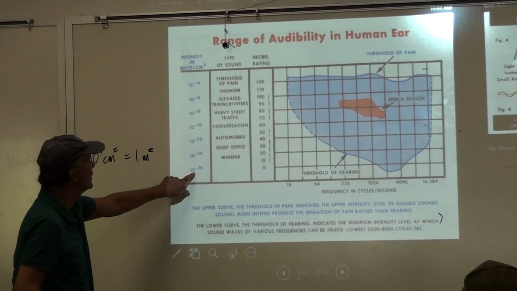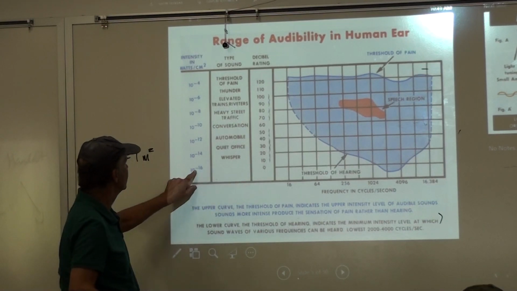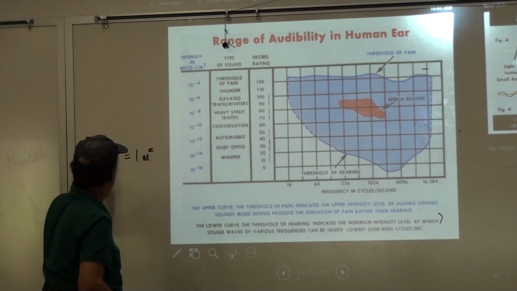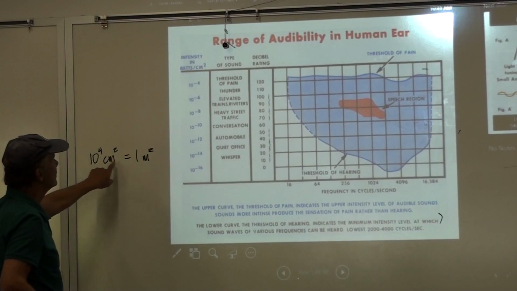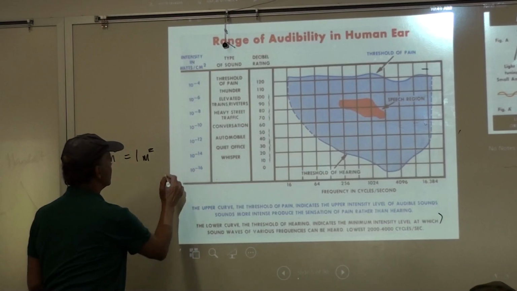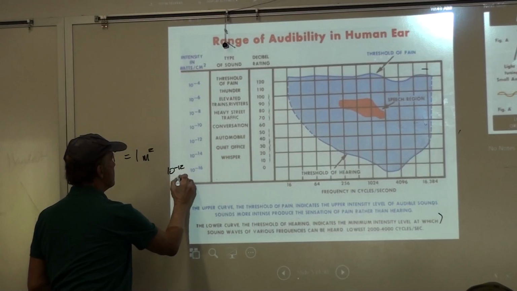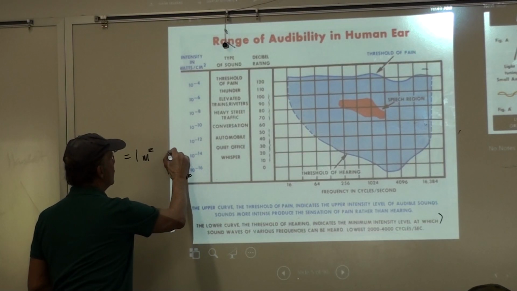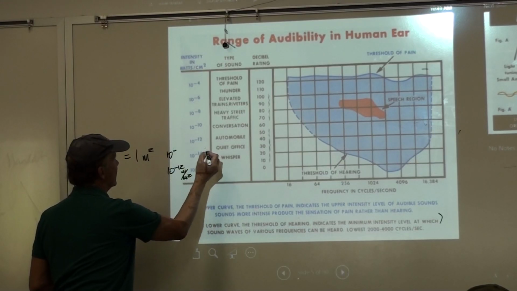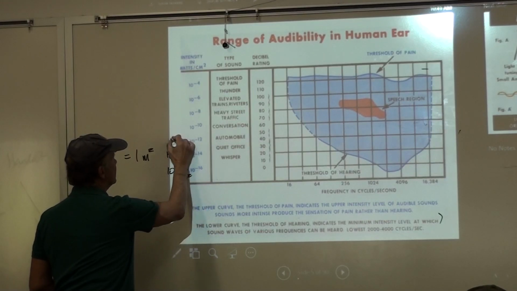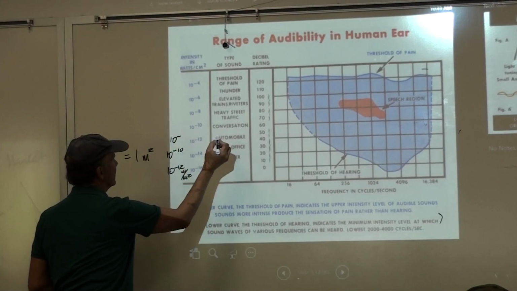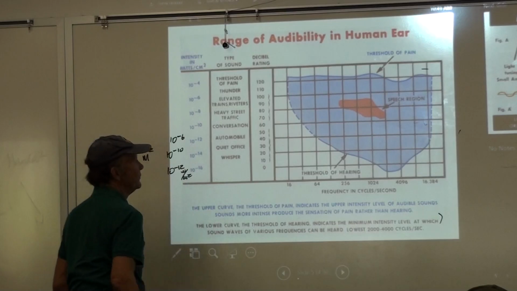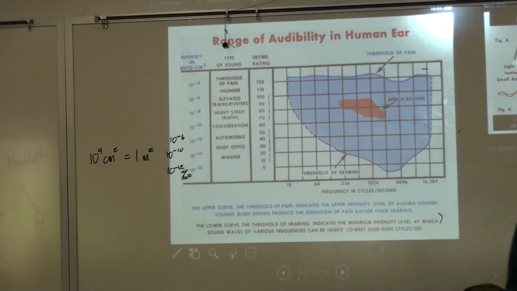And so this is the same thing then. 0 decibels on this thing in watts per square centimeter is the same thing as 10 to the minus 12 watts per square meter. This 10 to the minus 14 would be 10 to the minus 10. This would be 10 to the minus 6, etc., as we go down.